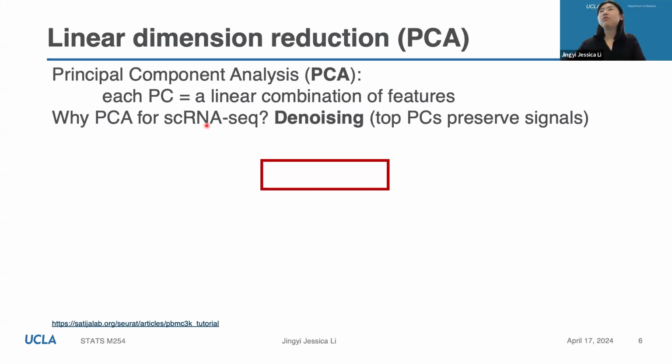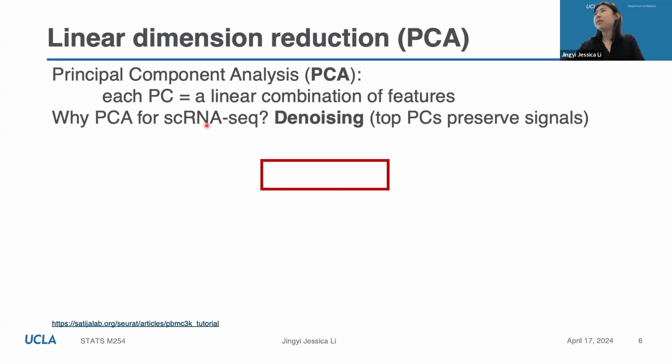We filtered out the droplets with too high mitochondrial percentage. That filtering step is just to improve our data quality because we don't want to focus on the bad quality cells, right? Then we do a normalization.